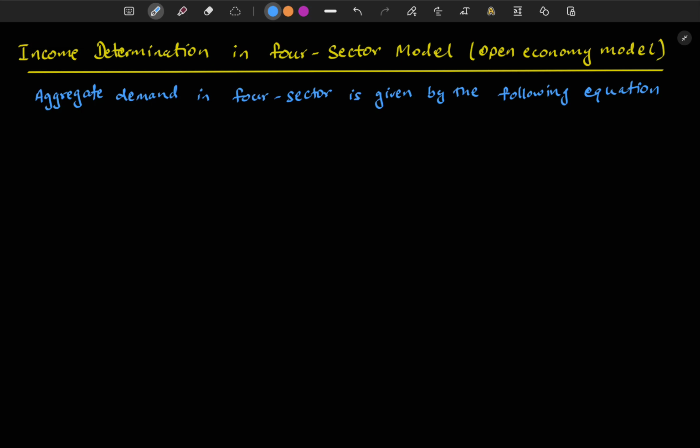Now, what I want to do in this video is expand that model into the four sector model, also known as the open economy model. And in this model, because we do not want to complicate things, we only consider two things. Number one, imports, and number two, exports.